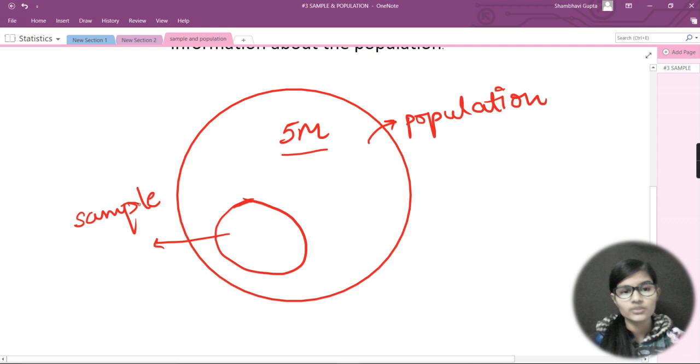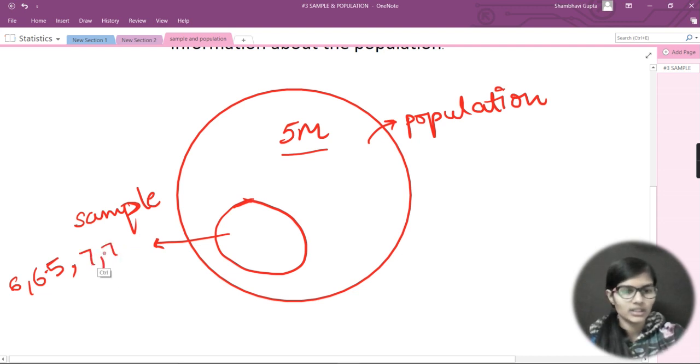Just understand what I'm telling now; after that we'll move on to definitions. Let's say I went to a school and took a small set of 5 students and asked how many hours they sleep per night. So it came to 6, 6.5, then 7, 7.5.